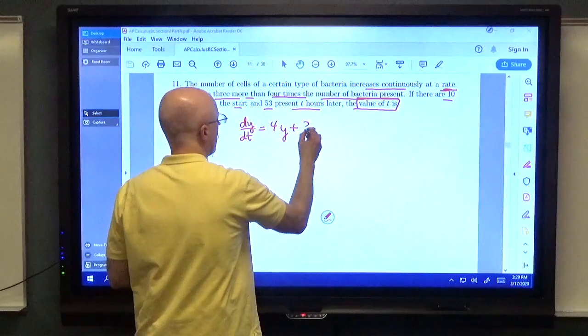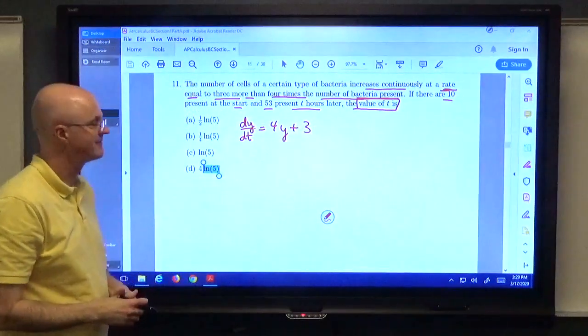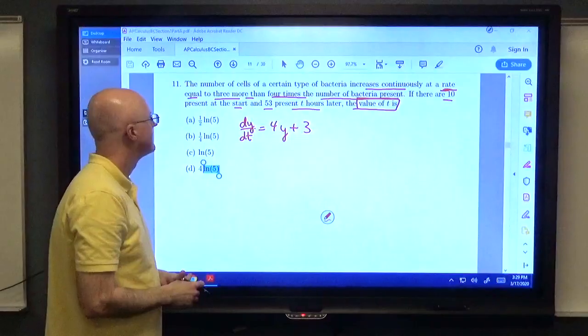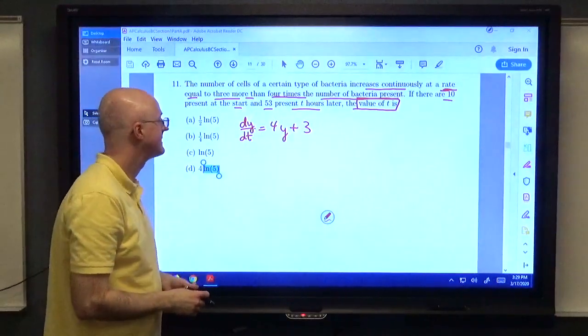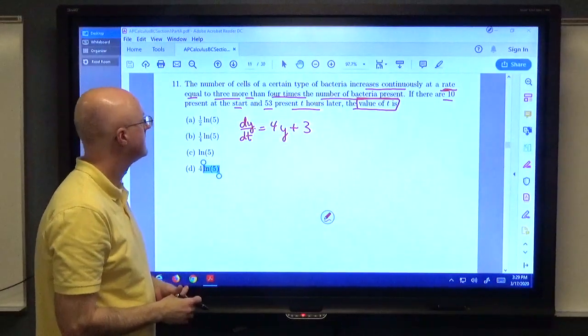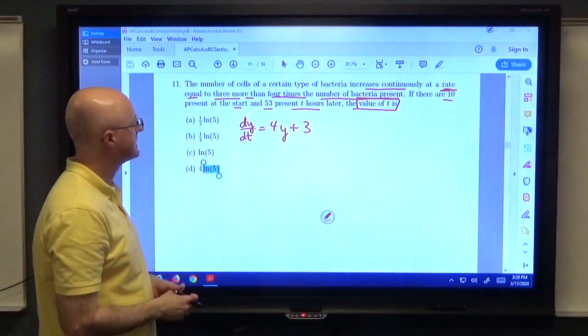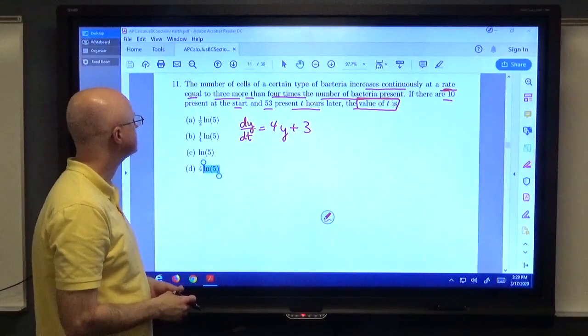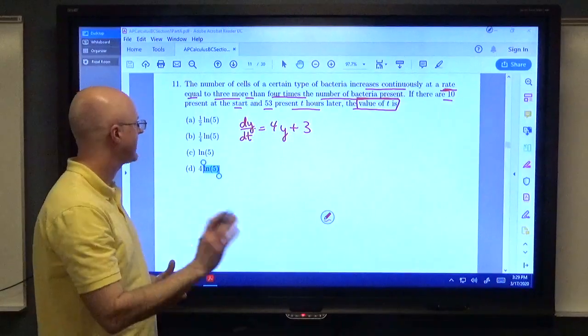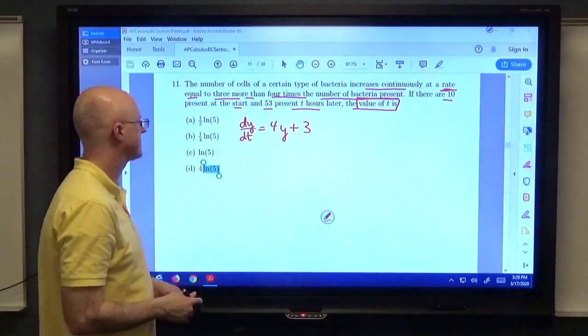And we want to go 3 more than that. So there's your differential equation. That's the first hard step, realizing that's your differential equation. We also have an initial condition that y of 0 would be 10.